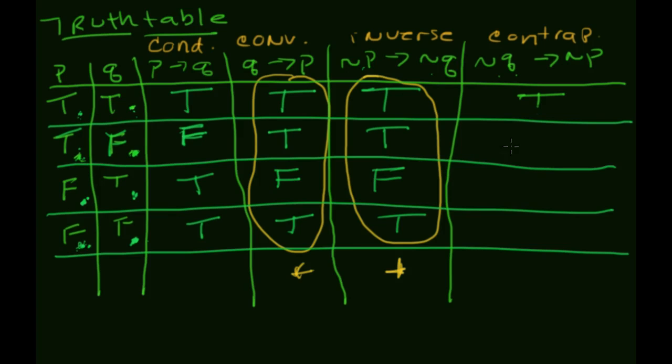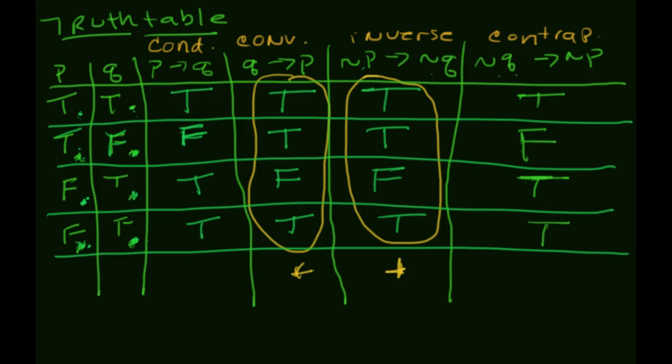True implies false. That's the only way I can get false. Okay, so not Q is false. If the hypothesis is false, the whole thing is true. And then the last one here, not Q, not false is true. Implies not P, which is also true. True implies true means true.